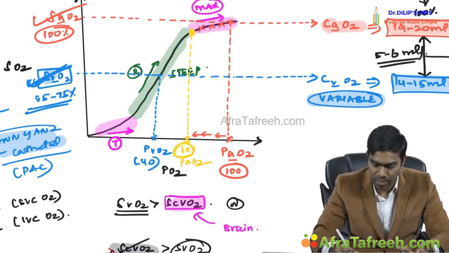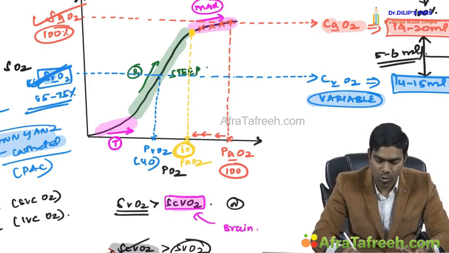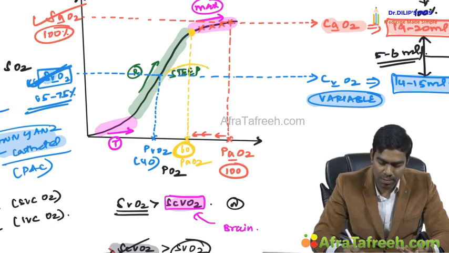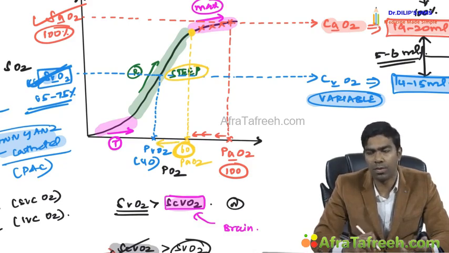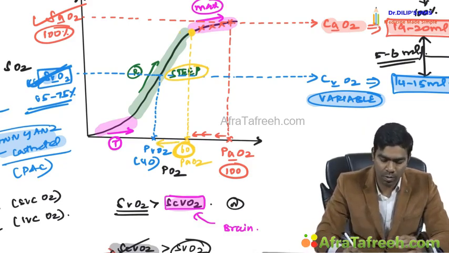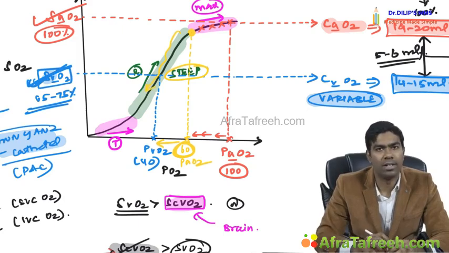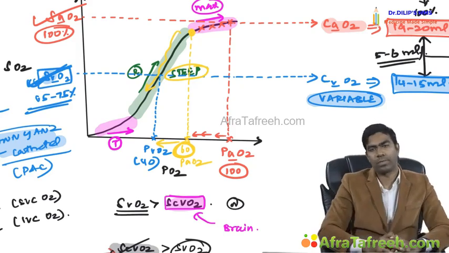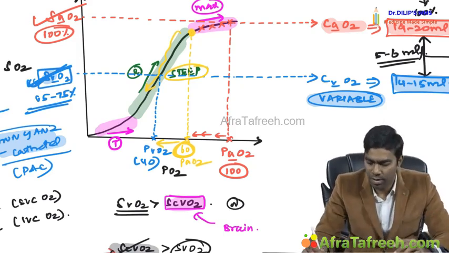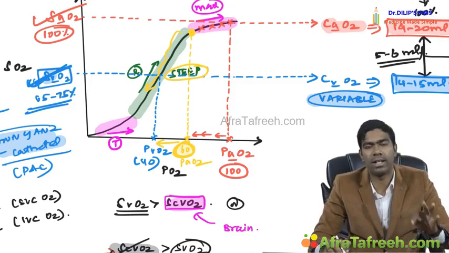But the moment you come into the 60 zone, you are actually entering the steep portion of the curve. Any further drop in PaO2 below 60 millimeters of mercury is going to have a drastic impact on saturation, which means after that the saturation is going to drop dramatically. So that is the reason this PaO2 of 60 is often referred to as the critical PaO2.